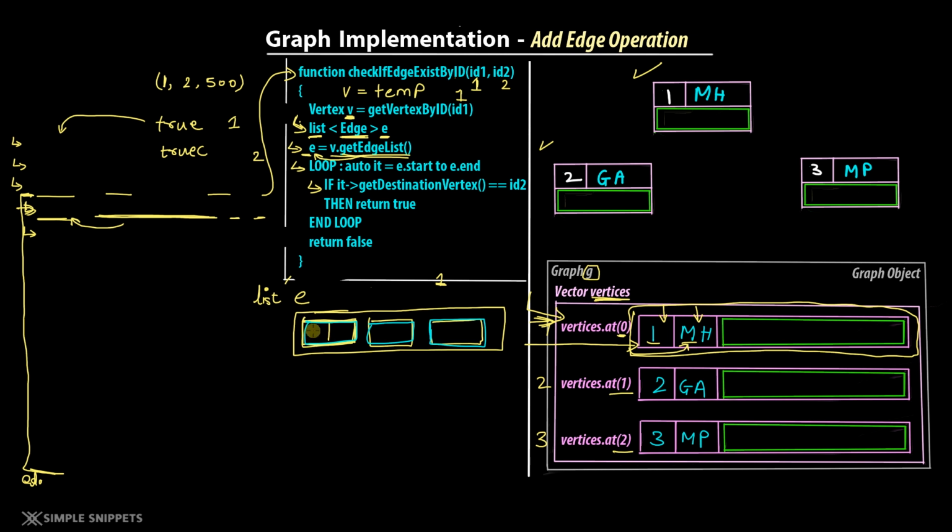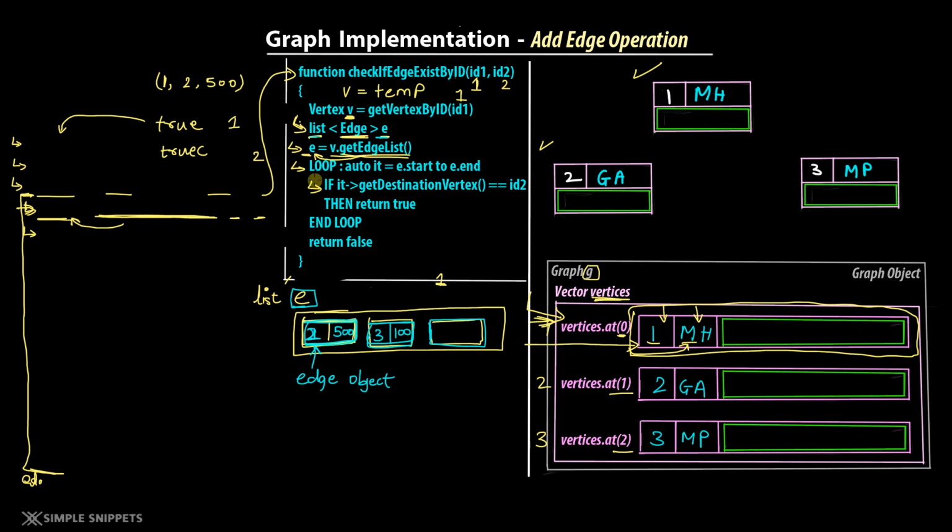An edge stores destination ID and weight. So let's say this is over here 1 and 500, or let me write 2 and 500. This is 3 and 1000 or 100, and so on and so forth. So this is nothing but an edge object. A collection of these blue boxes is nothing but a collection of 3 edges which are stored in this list of edges which is named E.